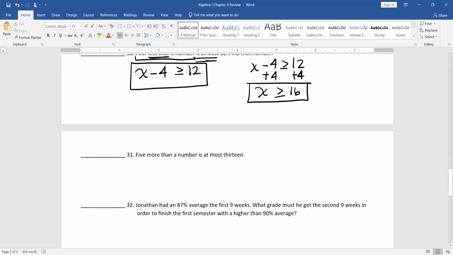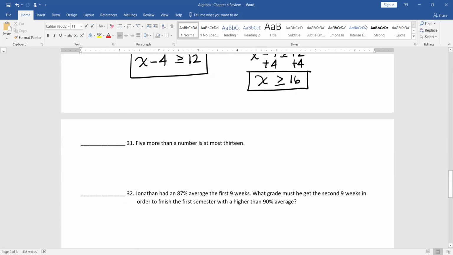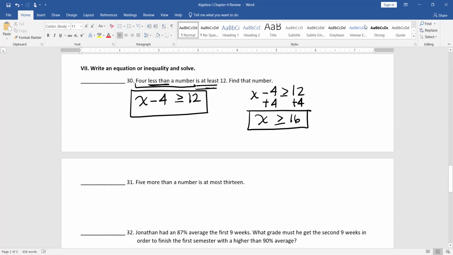All right, the next one, we have 5 more than a number is at most 13. So again, there's our verb, "is," and it's included with "at most." So "at most" means less than or equal to. "5 more than" is your clue that the variable comes first.